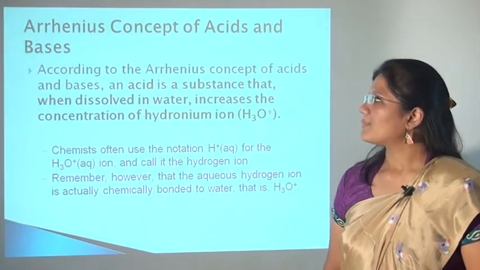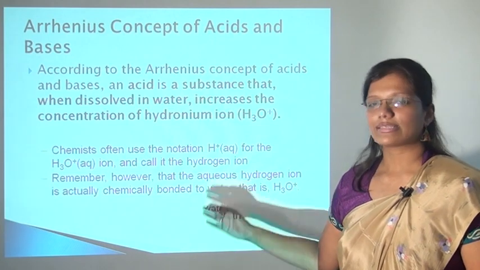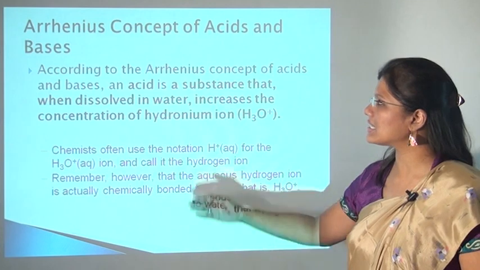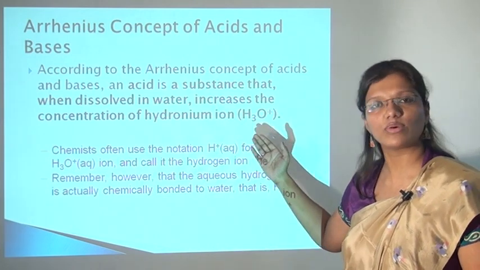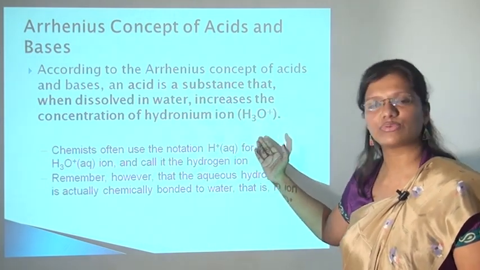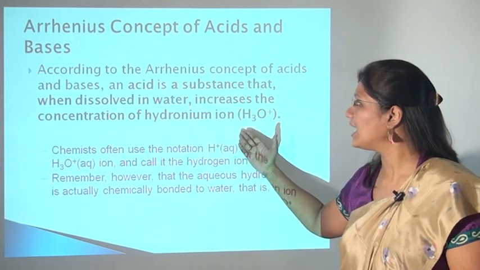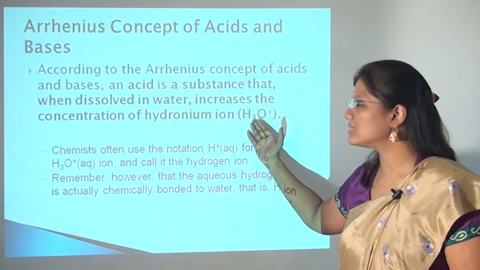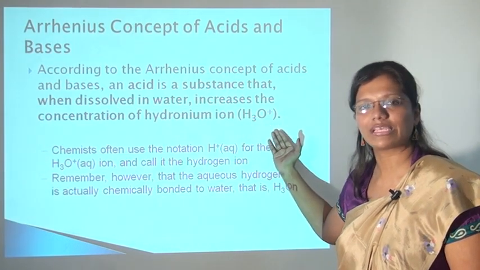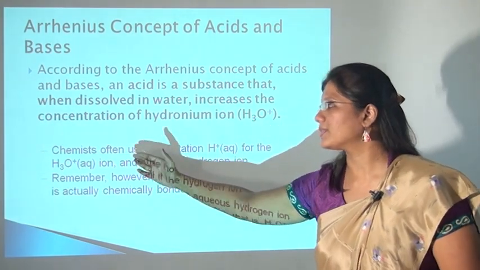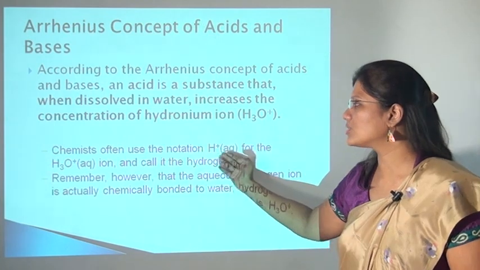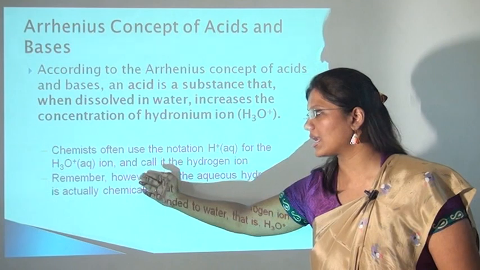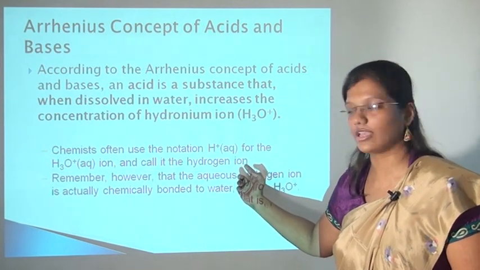Now the first concept is the Arrhenius concept of acid and base. According to it, an acid is a substance that, when dissolved in water, increases the concentration of hydronium ion, represented by H3O+. Chemists often use the notation H+ for the H3O+ ion and call it the hydrogen ion.